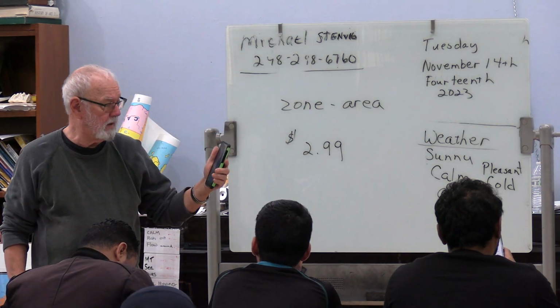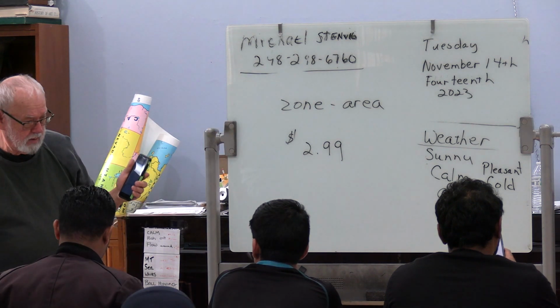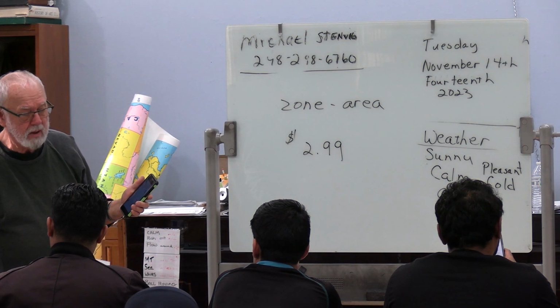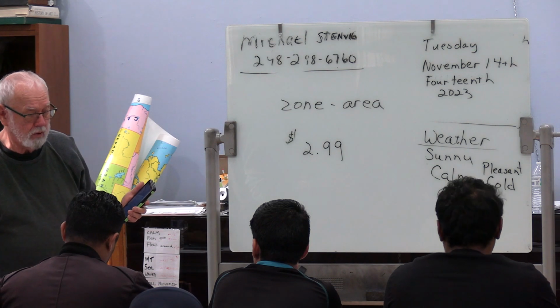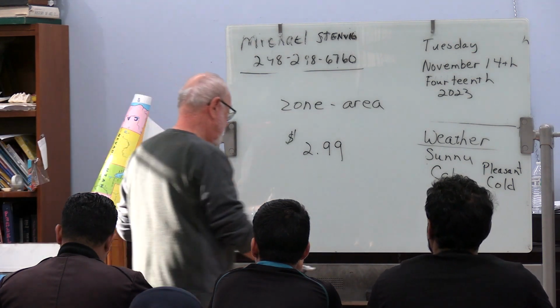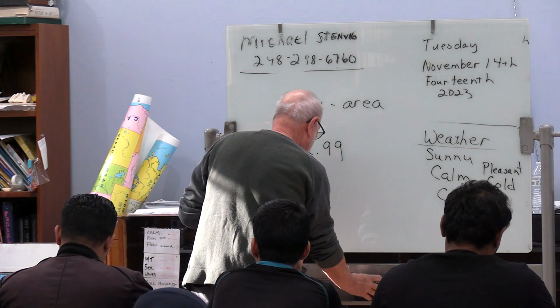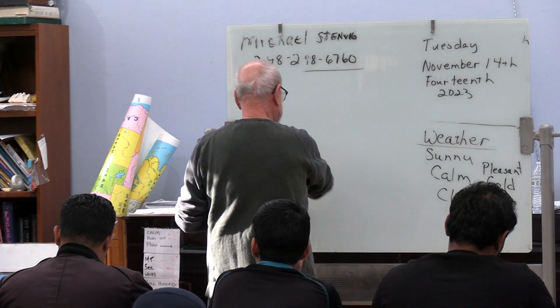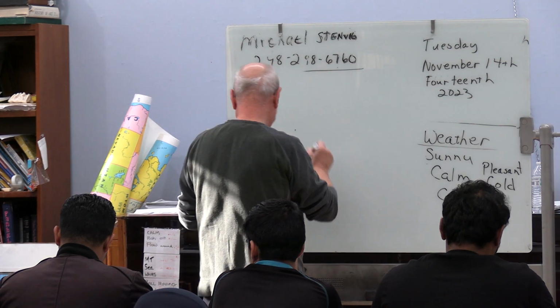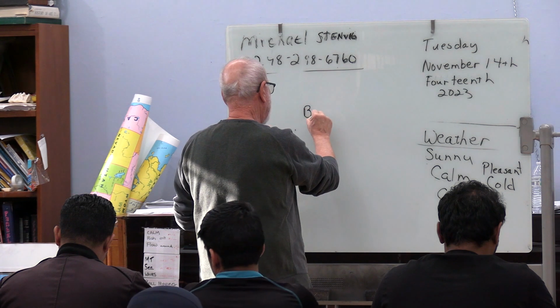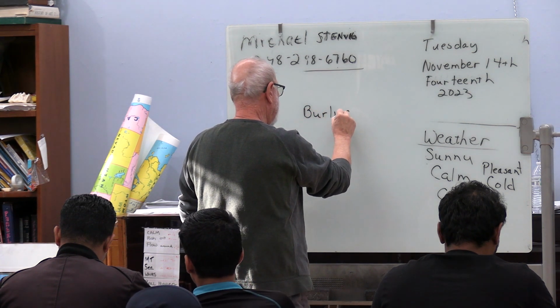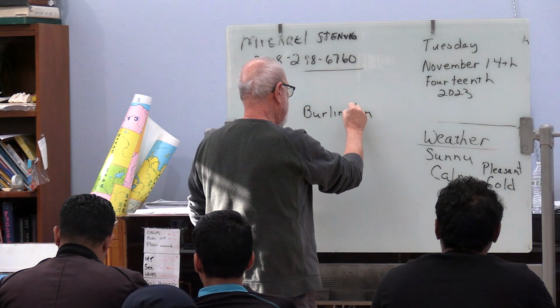It's going to look like this, and you might want to write this down. Once you put it in your phone, you'll keep it there. It's called Burlington English. Install.